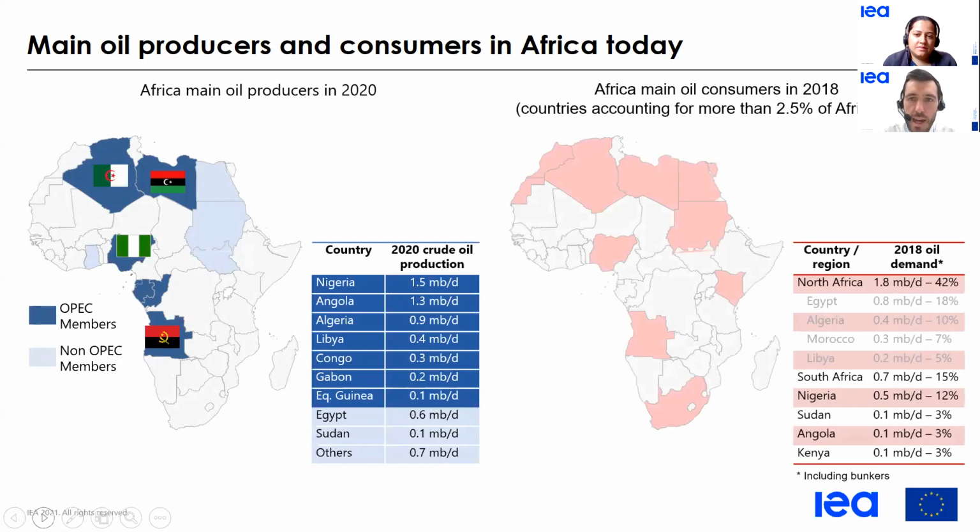And if we look at consumption, looking at the top countries, we will find approximately the same with other countries such as South Africa and other countries from Northern Africa, which are main oil consumers, and this relates to their level of development.